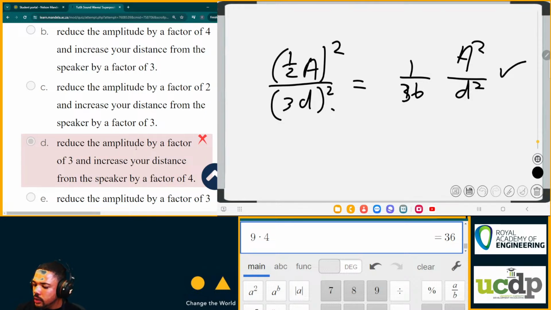D should then be answered. D's answer is then, let me see what happened. It's reduced by a factor of 3, so it's 9 times 16.